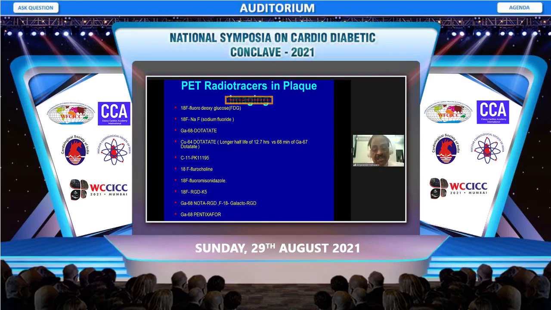The comparison is that it has a longer half-life of 12.7 hours versus 68 minutes, a short half-life, so that will help to organize our patients. Then C11 PK11195, then 18F fluorine, then the hypoxia agent 18F fluoromisonidazole, then 18F RGD, then gallium-68 NOTA, and then gallium-68 pentixafor, which is coming very well.